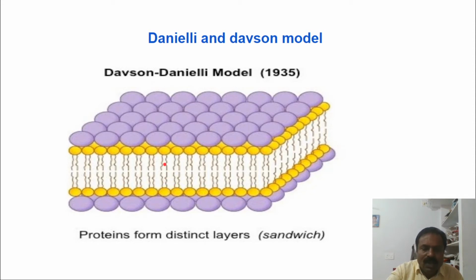In one row, the tail regions are present here, and inversely in the other row, so that the tail regions in the two rows are arranged oppositely, and the head regions are away from the tail regions, and on either side are the protein molecules. So this is the model proposed by Danielli and Dawson.